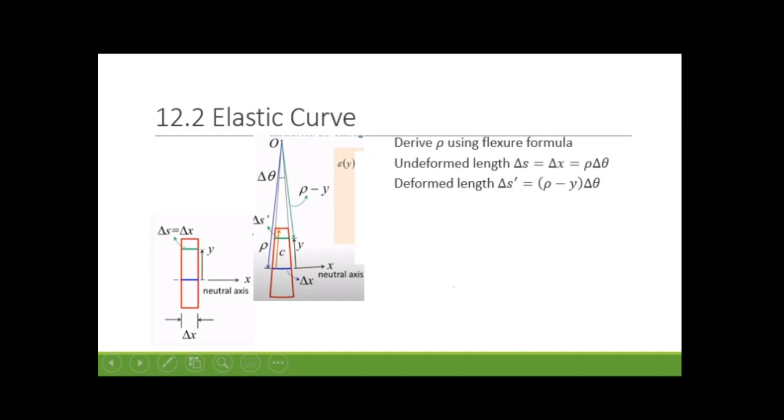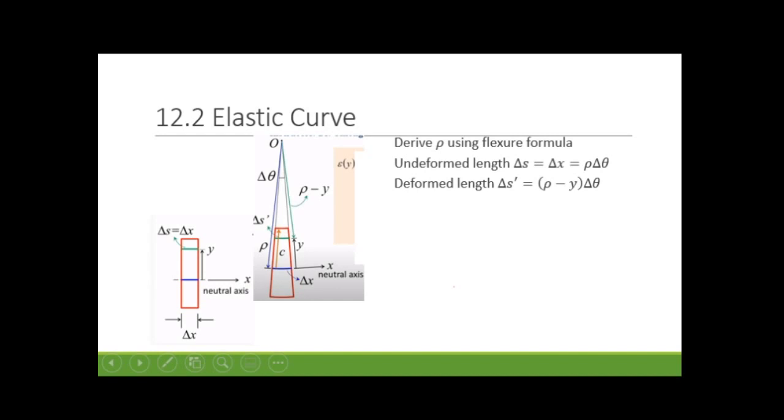If we measure the length of the central natural axis, you remember from chapter 4, epsilon is 0 on the natural axis, therefore the length on the natural axis is dx. Therefore, if we want to express dx with respect to rho and theta, for a small angle change d theta, ds is equal to dx is equal to rho times d theta. Here is d theta times rho, the length of this curve.